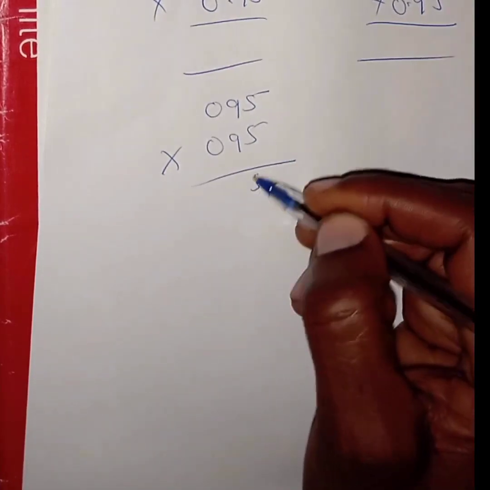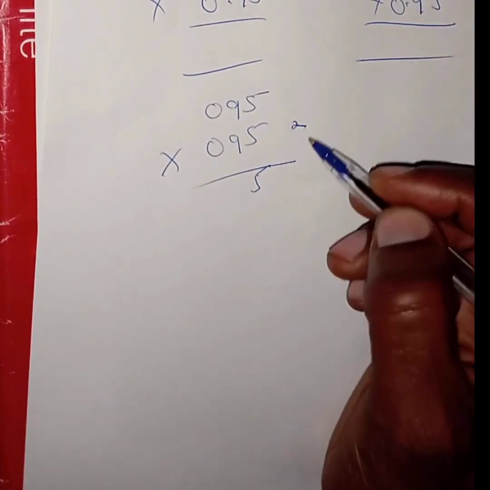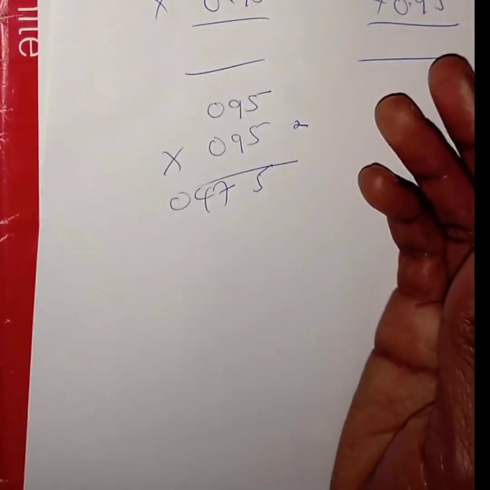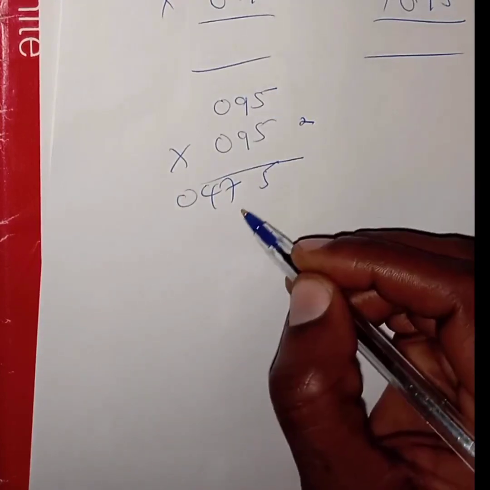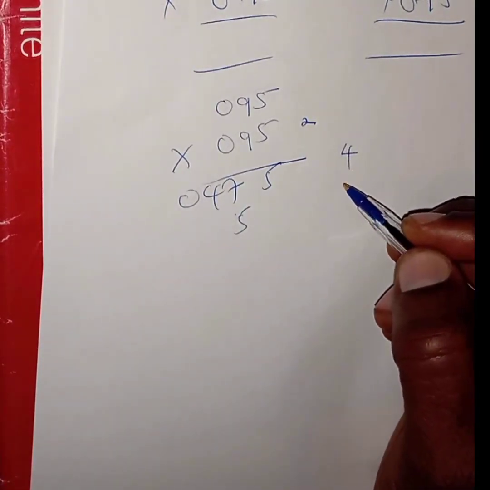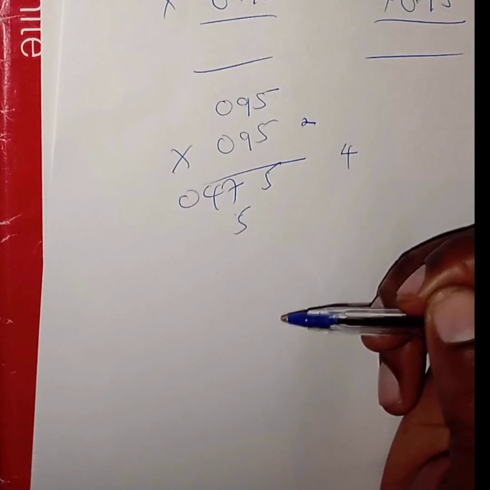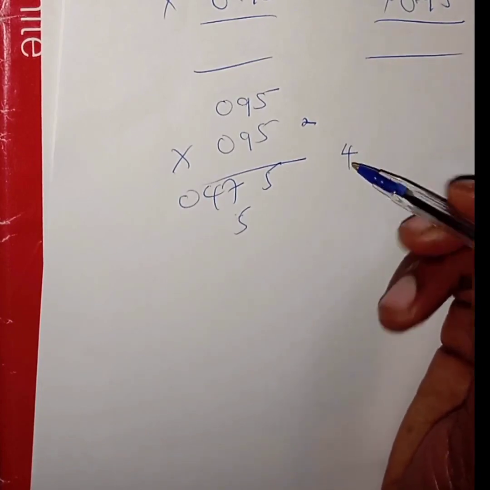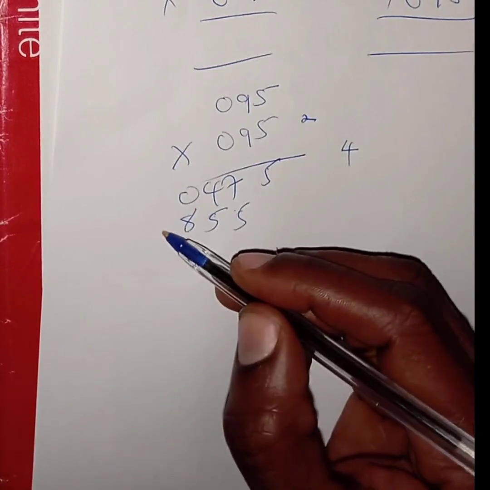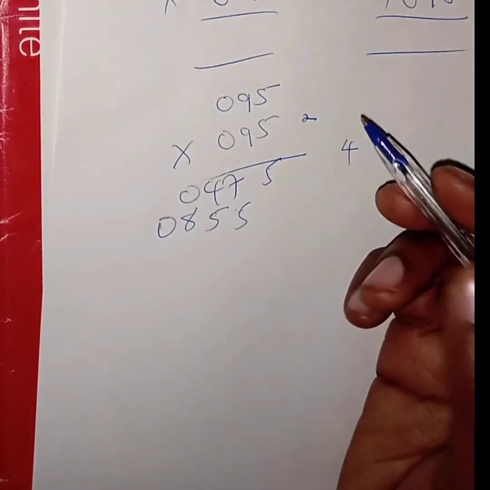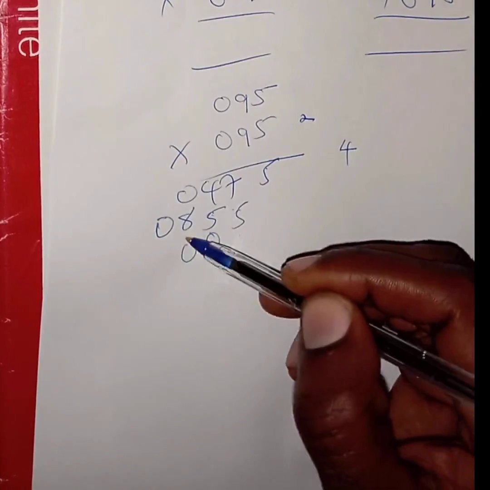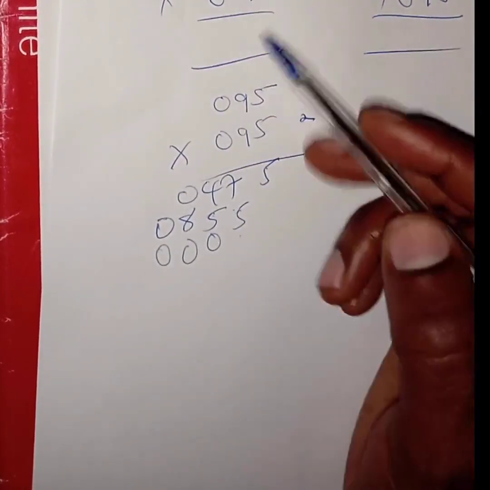So 5 times 5, 25, 5 carry 2. 5 times 9, 45 plus 2, that is 47. 5 times 0 is 0, so it won't make an impact. 9 times 5, 45, so 5 carry 4. 9 times 9, 81 plus 4, that is 85. Then 9 times 0, nothing will change, it will still be 0. Then 0 times 5 is 0, 0 times 9 is 0. So these zeros were not important in this case.